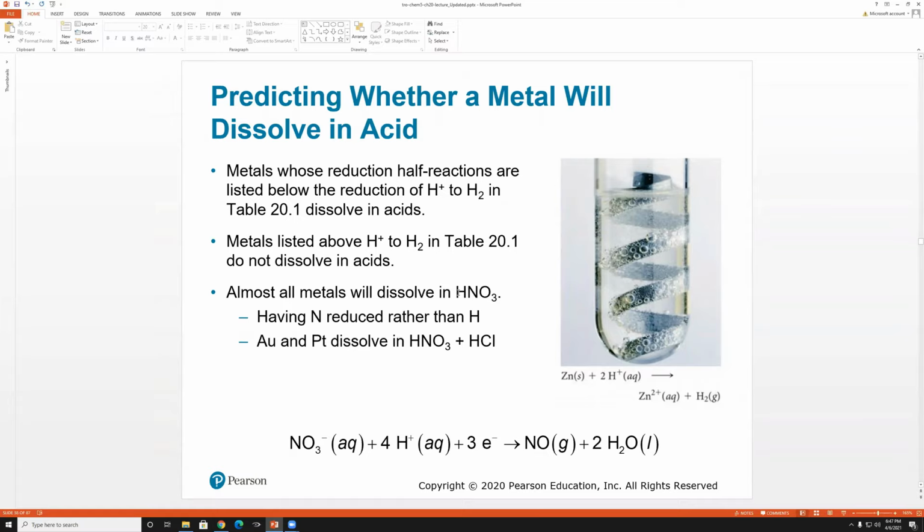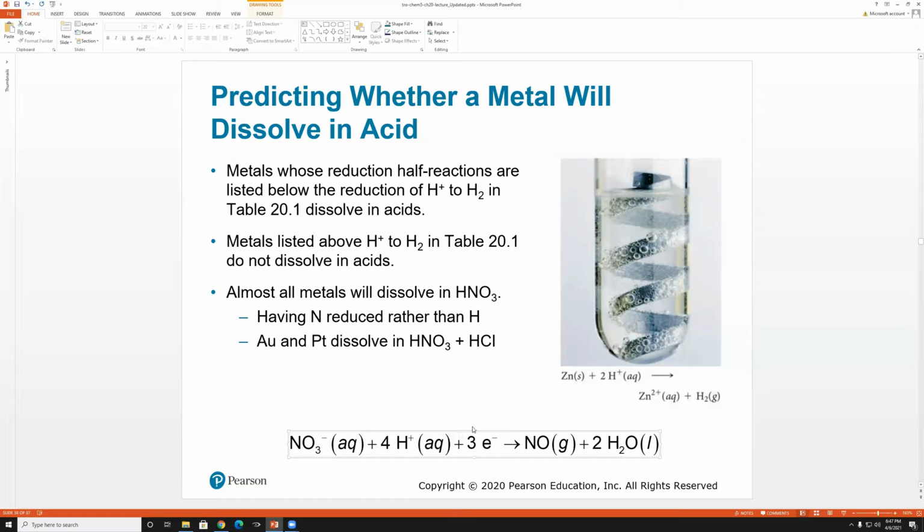There's other types of acids, like HNO3, nitric acid. Nitric acid acts a little bit differently because once this dissolves in water, the hydrogen is free, but we also have NO3 minus, which itself is reduced further. And here's the reduction for that. So NO3 minus plus 4H plus plus 3 electrons equals NO plus 2H2O.